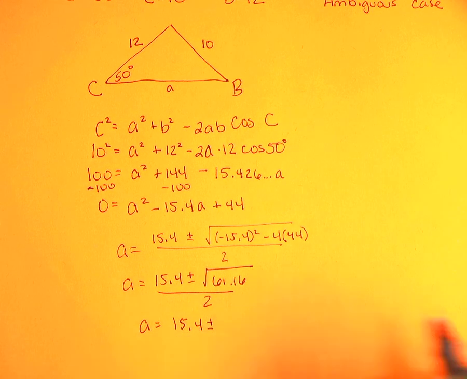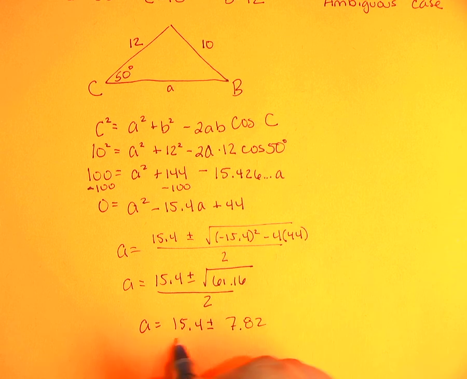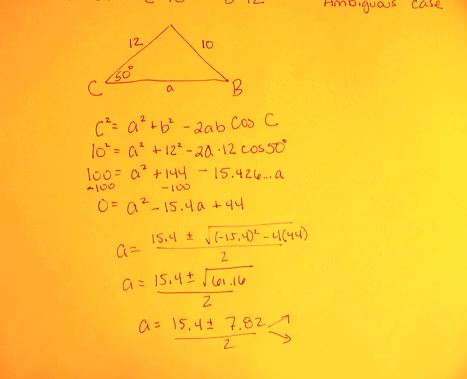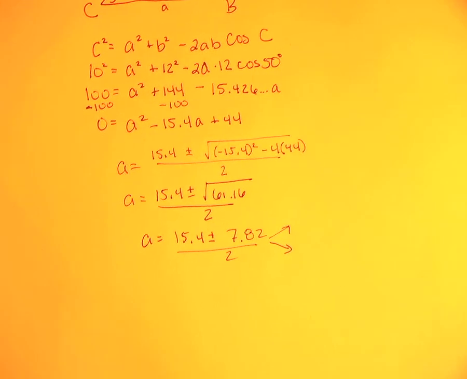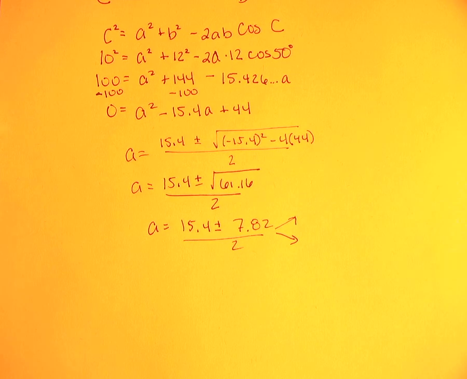Okay, so now we're going to check our two solutions, and if they're both real numbers that are positive, then that means we have two separate triangles, and we now know both of their dimension A's for both triangles.